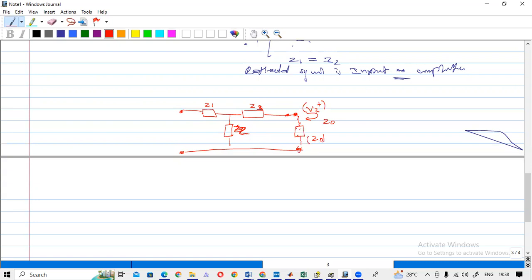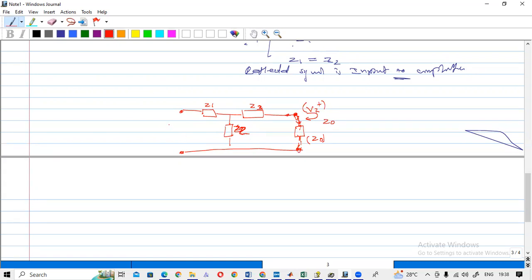There is no reflection. All the signal will go through this load. So now it is just like you are connecting a Z0 load to the terminal points, to the port.